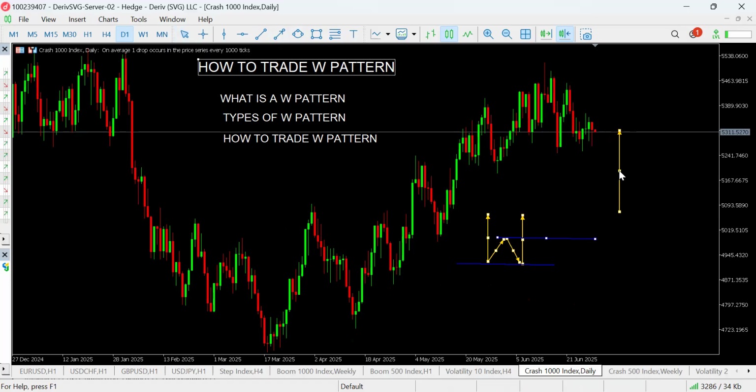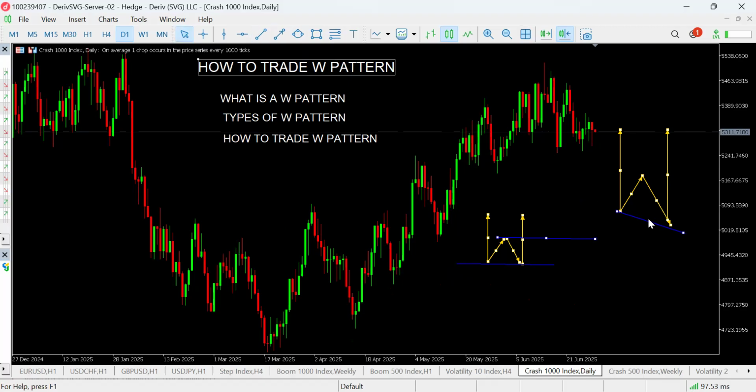If I draw this in another form, price gets down to this level, goes up, and while forming the neckline, price goes down a bit instead of being rejected at exactly the same level. So the second leg of the bottom would be lower than the first leg.